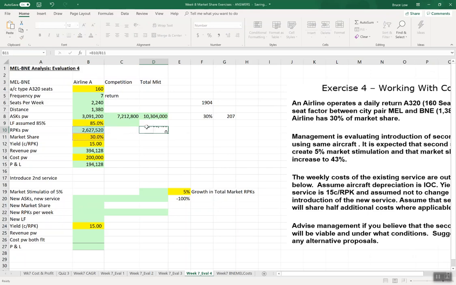So we'll assume that's the same for RPKs, minus Airline A. So RPKs divided by ASKs, 85%, and we'll assume that's the same for the market. Okay, so we've got 5% growth in the size of the market, so stimulation of 5%. So we look at RPKs growing by 5%. Okay, so this is in the next scenario.